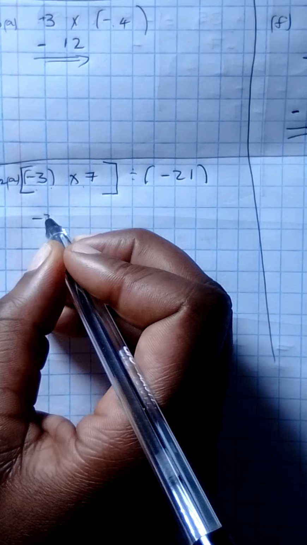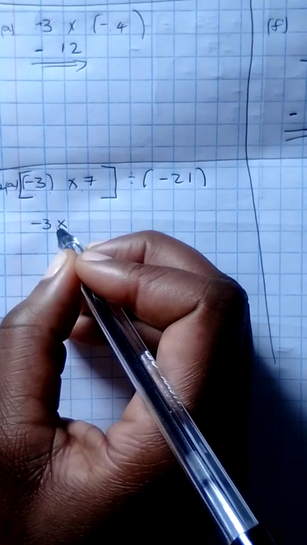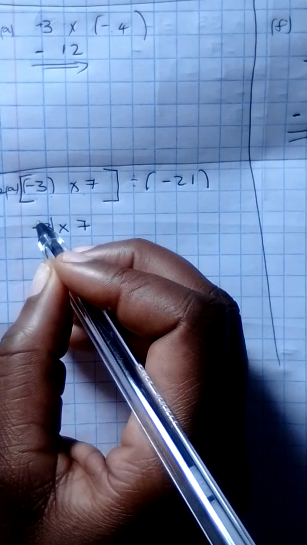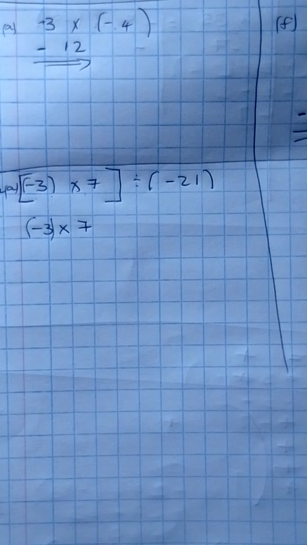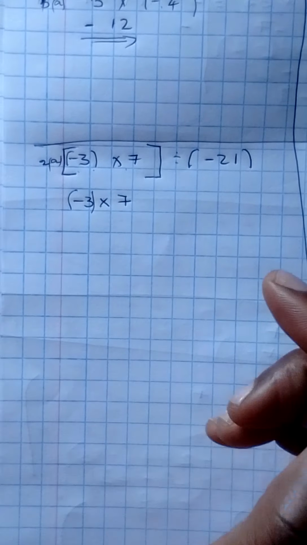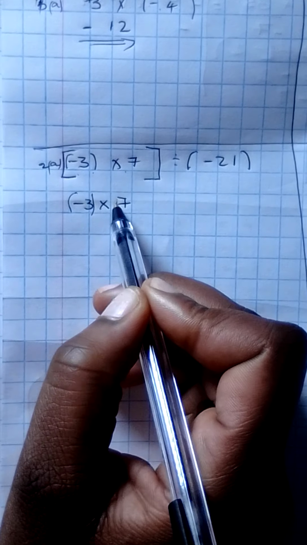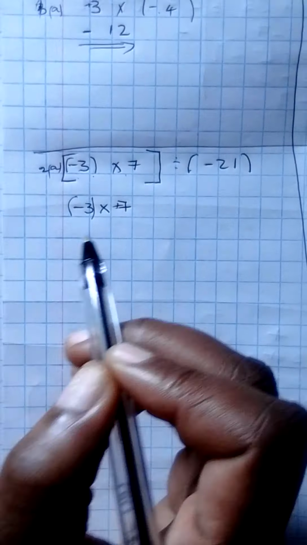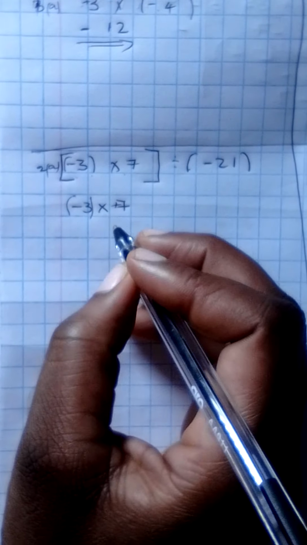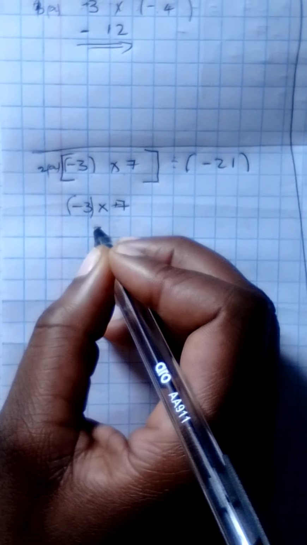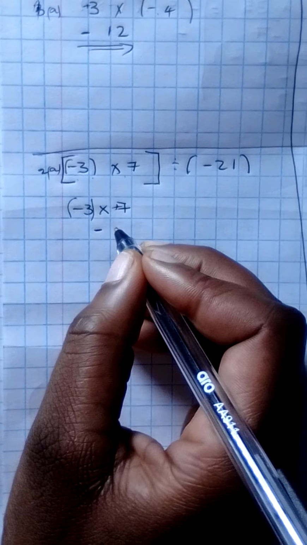So it's like minus 3 multiplying by 7. That's the first stage. We simplify this. We are multiplying two numbers with different signs because there is a silent plus here. So we are going to use a negative sign in our answer. It's going to be minus 21.